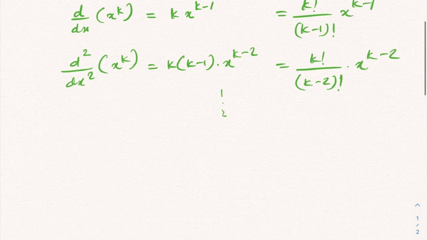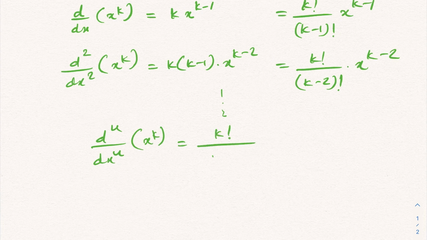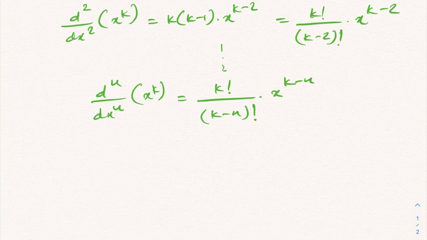Similarly, if we take nth derivative, we have d n over dx to the n x to the k is equal to k factorial over k minus n factorial times x to the k minus n. So now here nth derivative.